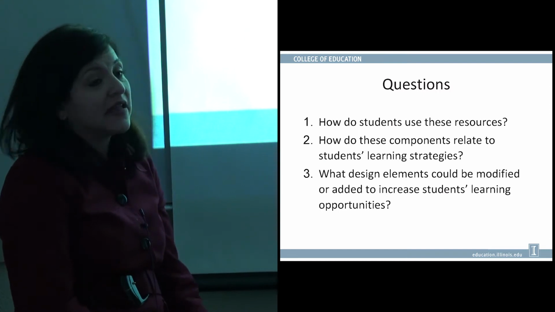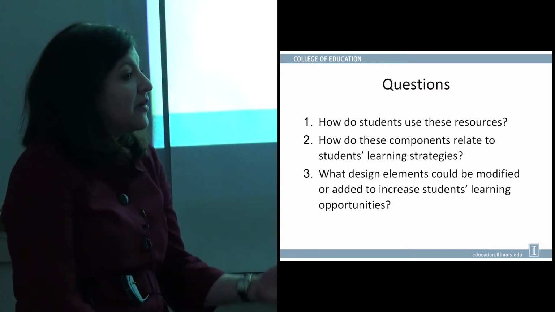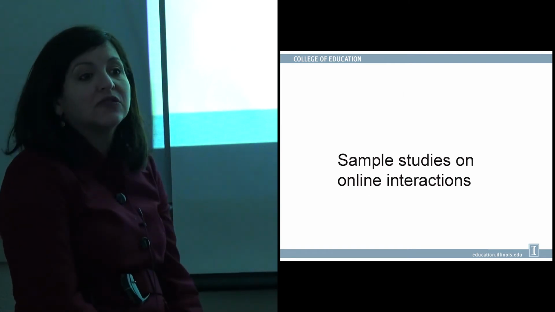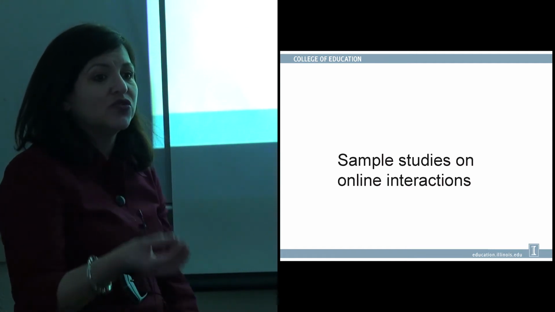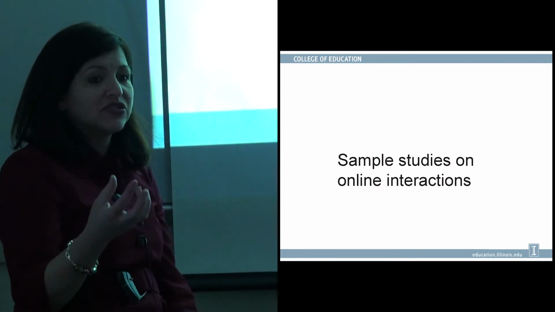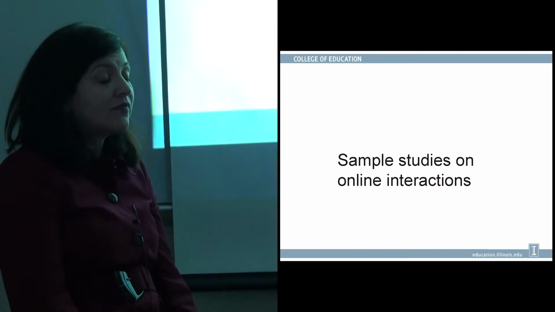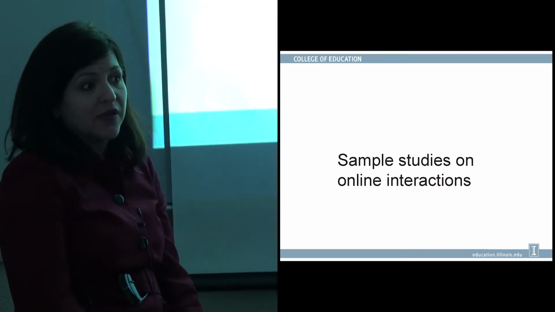I don't know the answer to this question, and my expertise is not about online learning. So I looked into some sample studies and online interactions to see what they do to measure the relationship between students' opportunities to learn and the design components of an online program. And this may not be math specific.